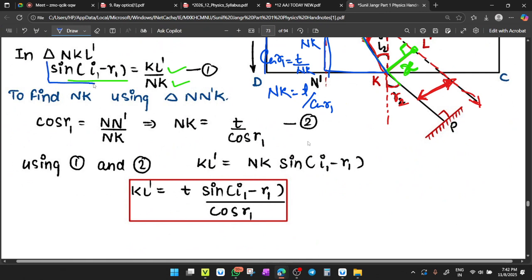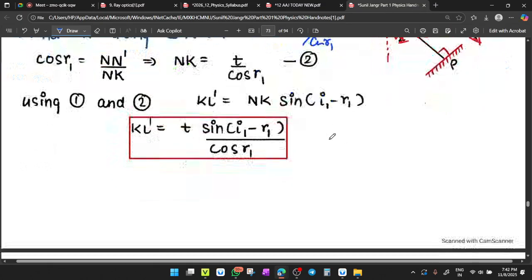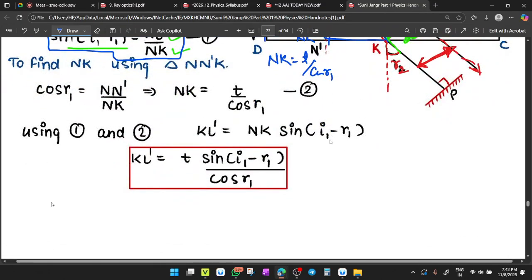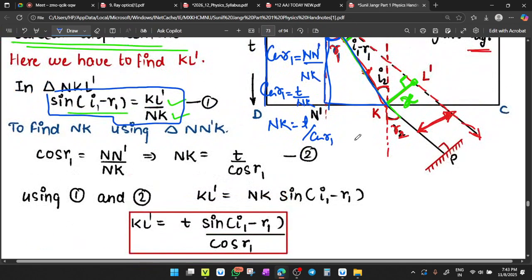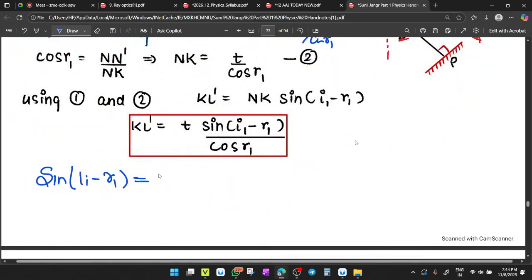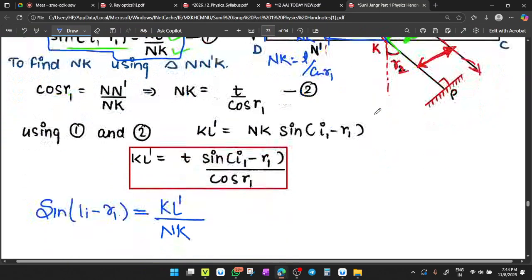Now again move to equation number A. What is equation number A? Sine of I1 minus R1 equals KL dash upon NK, that is, the lateral displacement upon NK. You can replace KL dash with x.